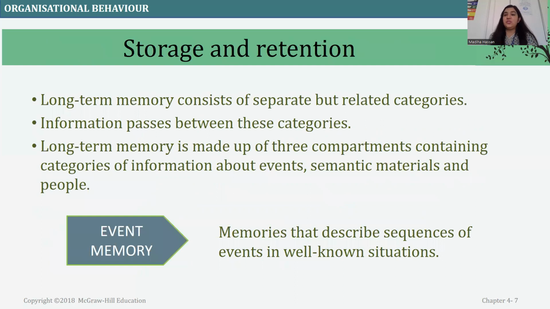Next one is storage and retention. Long-term memory consists of separate but related categories. Information passes between these categories. For example, long-term memory is made up of 3 compartments containing categories of information about events, semantic materials, and people. Event memory is memories that describe sequences of events in a well-known situation.